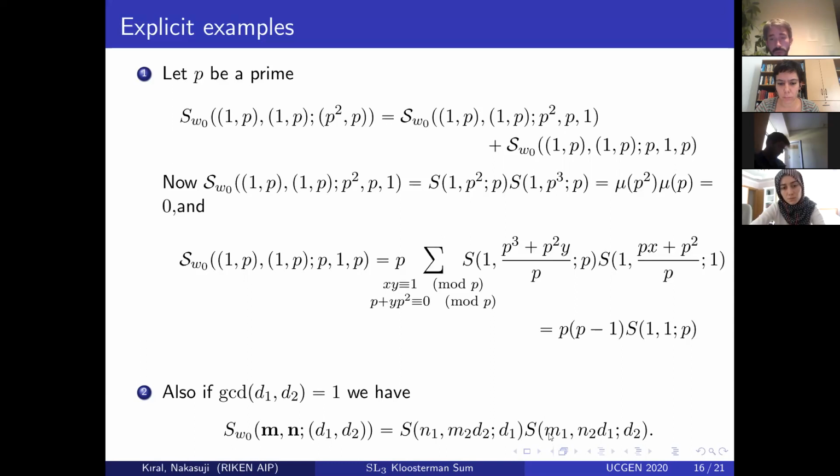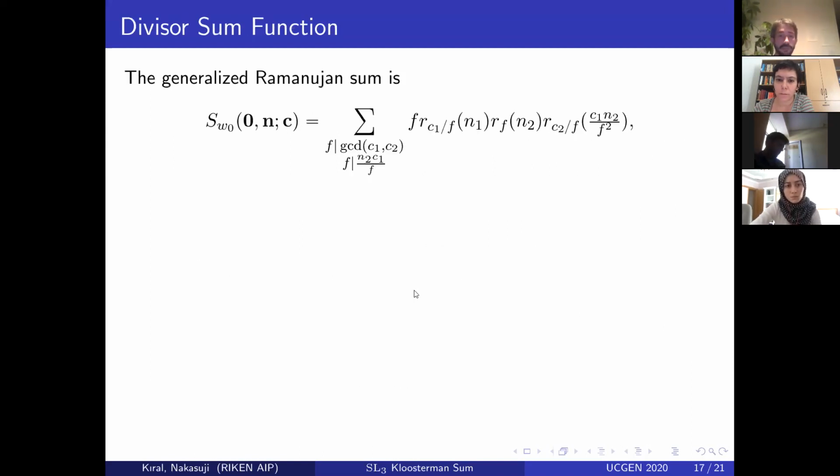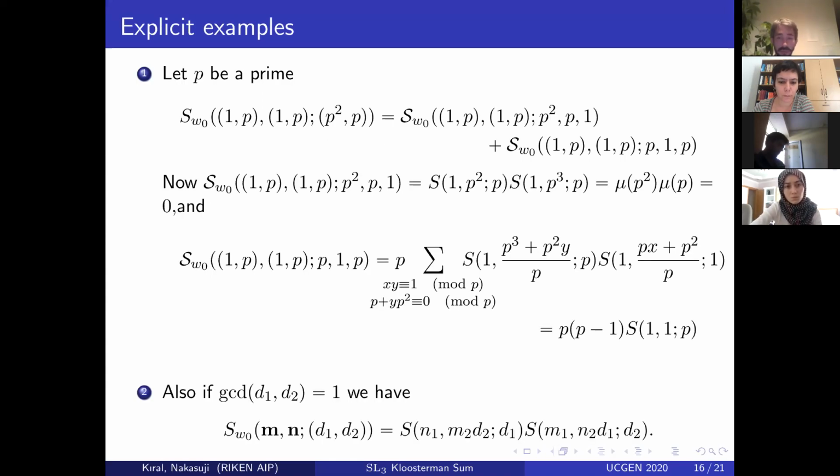So it's a product of two Kloosterman sums with 2 moduli, not 3, because the f is 1, where the modulus of the first factor shows up in the twisting factor of the second one, and the modulus of the second one shows up in the twisting factor of the first one. These are two classical SL2 Kloosterman sums multiplied.